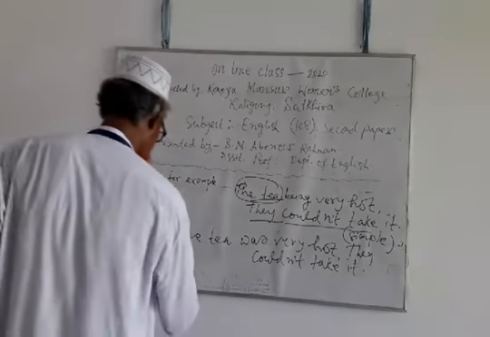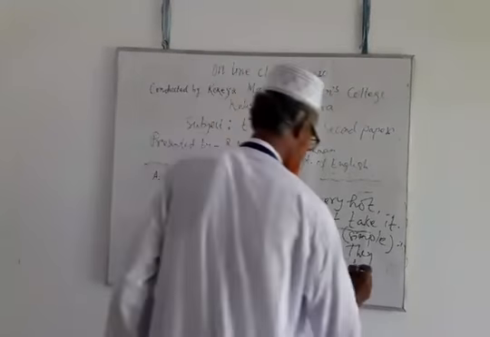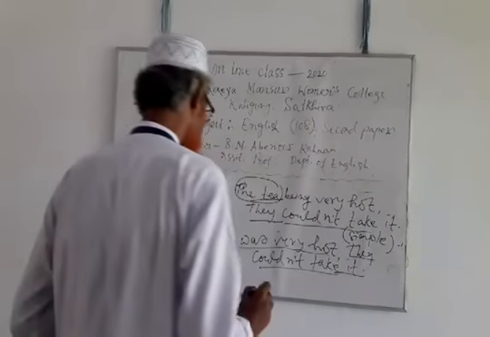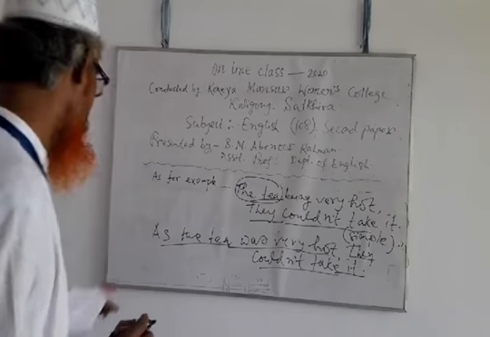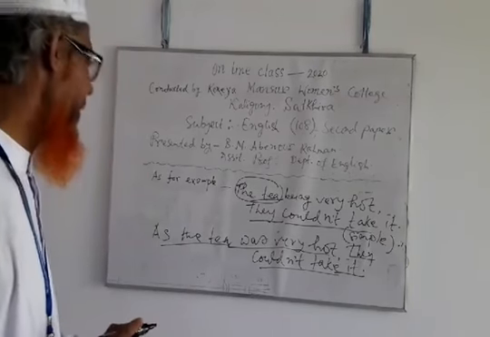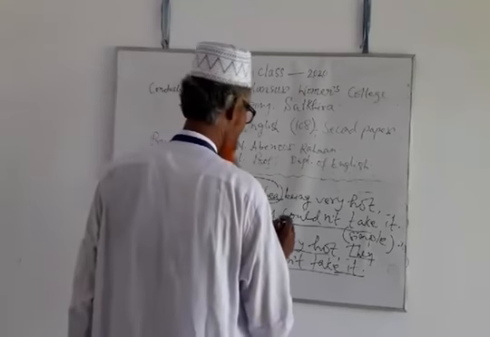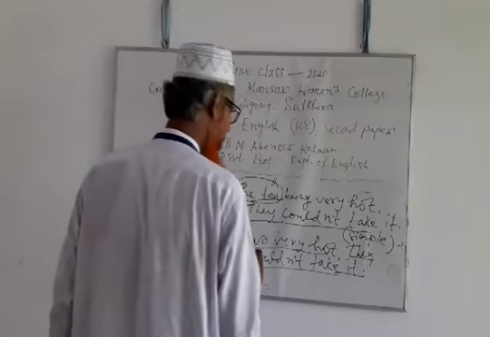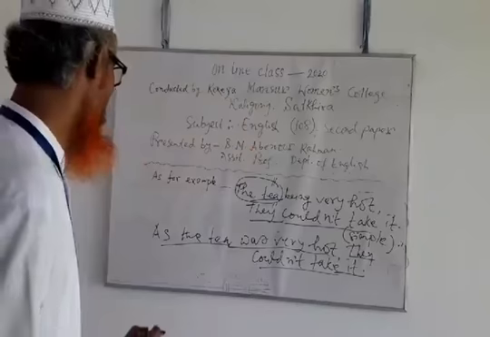As you notice, subordinate clause and main clause. So it fulfills the condition of a complex sentence. So as the tea was very hot, they couldn't drink it, because here in the participle phrase another subject, the tea, and in the main clause, they. So their subjects are different.